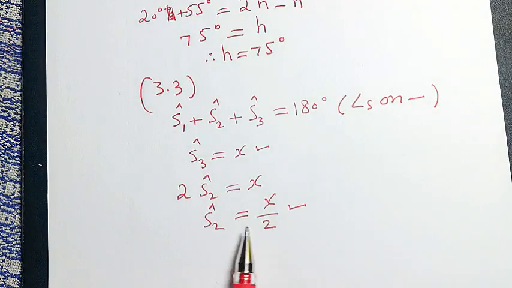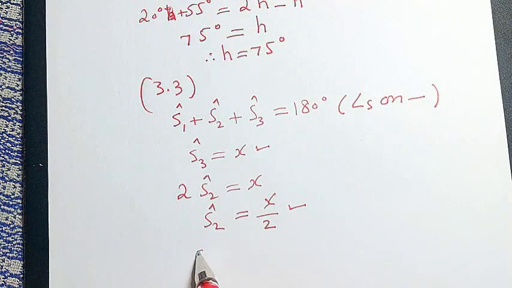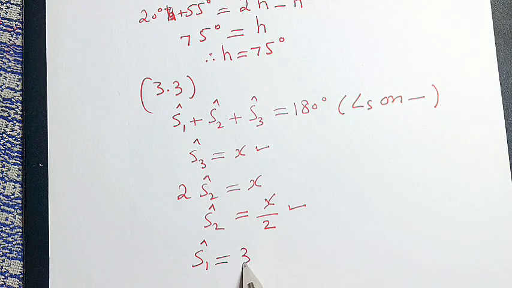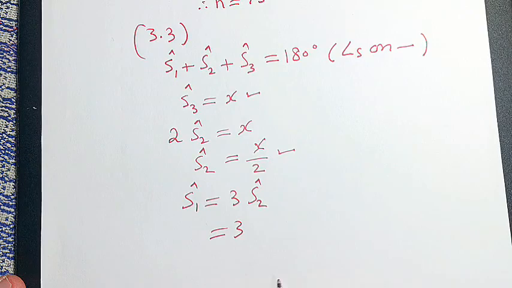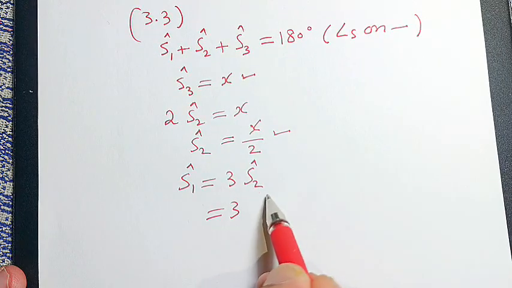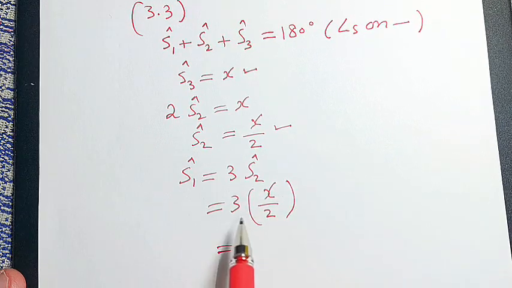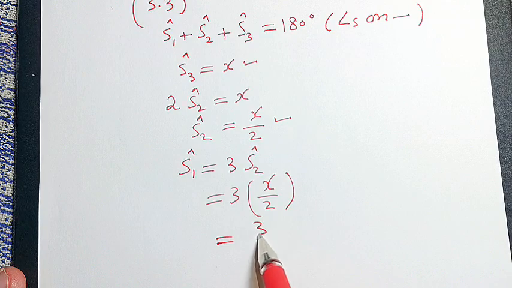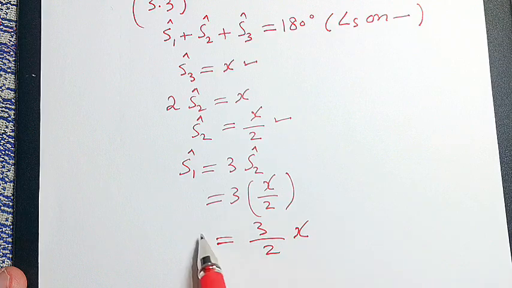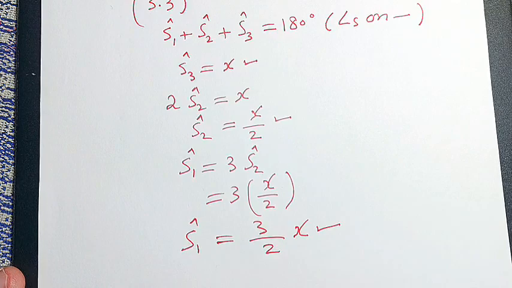So the angle S2 we have, so angle S1 is going to be equal to 3 multiplied by angle S2, 3 multiplied by x over 2. So the answer is going to be 3 over 2 x, or you can say 3x over 2, same thing. So this is my angle S1. All 3 angles we have.